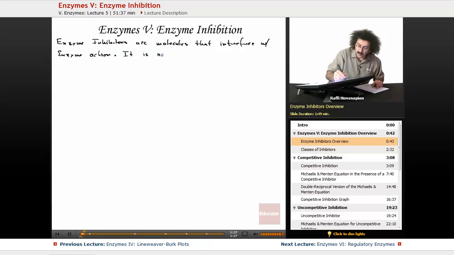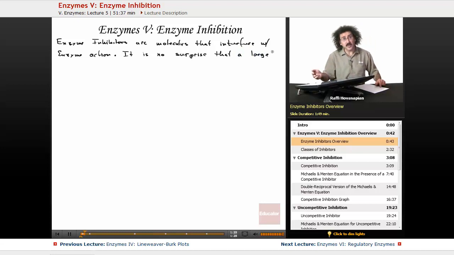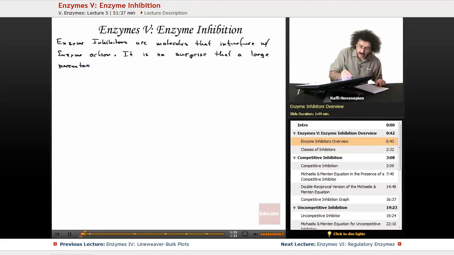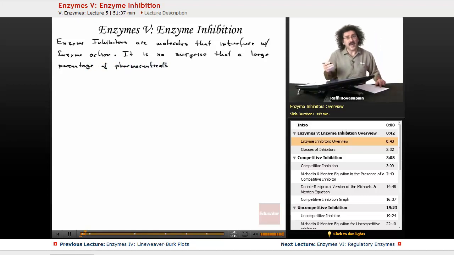Now, it is no surprise that a large percentage of current pharmaceuticals on the market are in fact enzyme inhibitors. Pharmaceuticals are enzyme inhibitors, and that is a huge area of pharmaceutical research. Enzyme inhibitors.